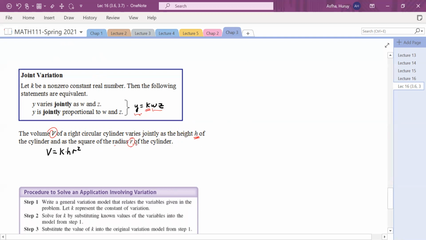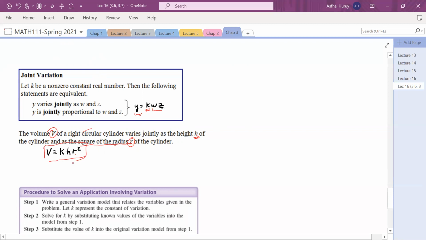Therefore we know v equals k, the constant of variation, times h times r squared, because it's the square of the radius r. So this is the volume. Just from this, we can write the mathematical expression.